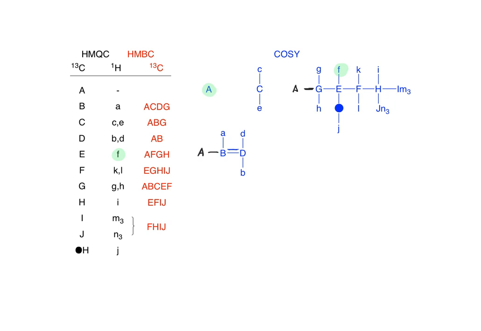The other couplings of proton F are the 2-bond couplings that we already know about with carbon F, with carbon G, and a 3-bond coupling that we already know about with carbon H. So that's confirming what we've already learned from HMQC and from COSY. Let's now redraw everything, showing the connections of carbon A with carbons B and G.